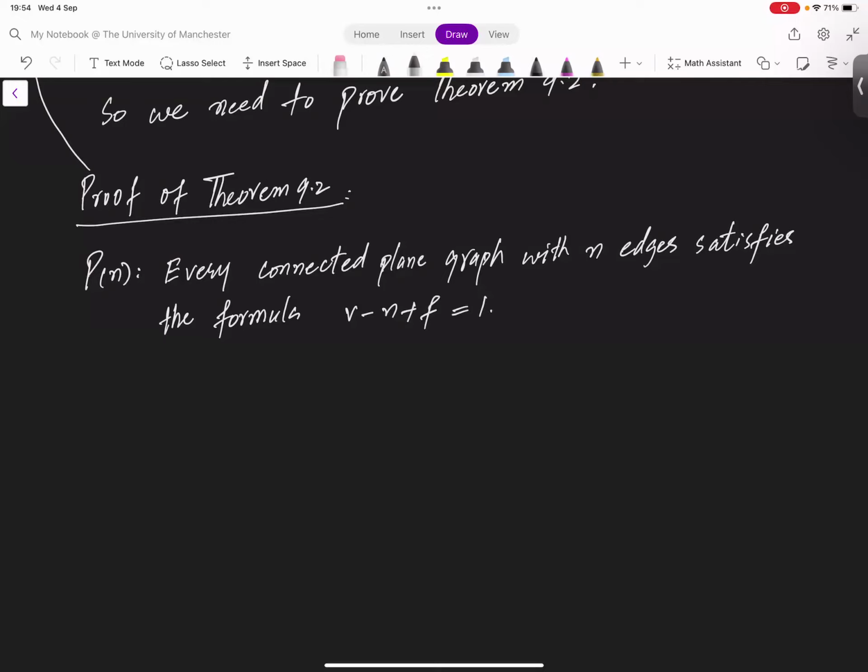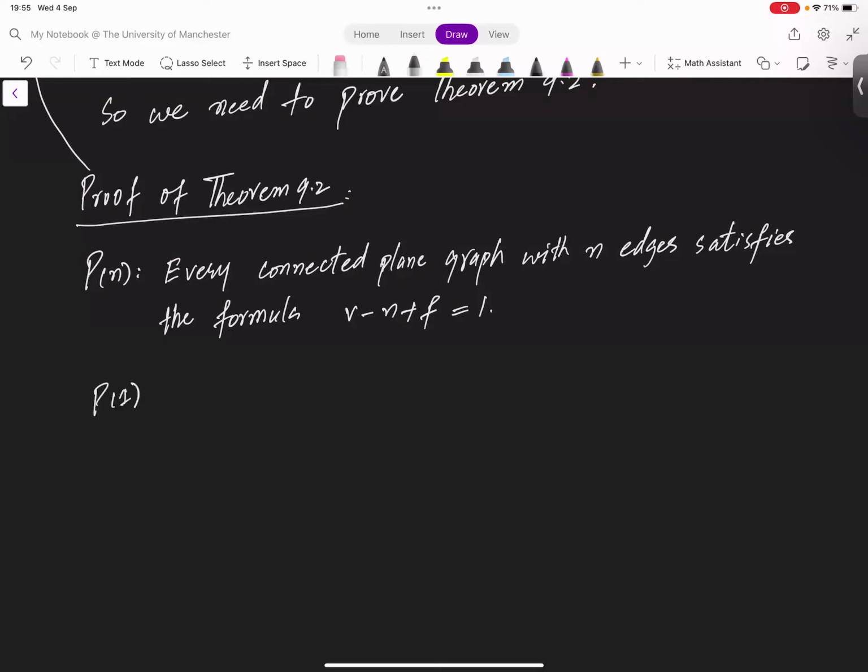Now notice that P of n is a statement about lots of plane graphs. Not only the one, but lots of plane graphs. So P of 1 says that every connected graph with one edge satisfies the formula.